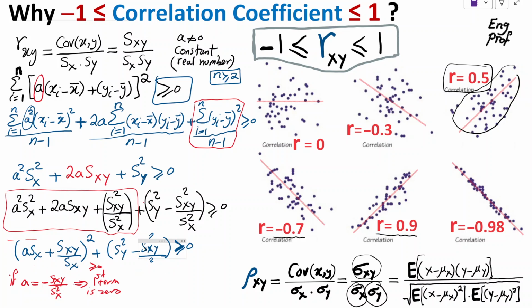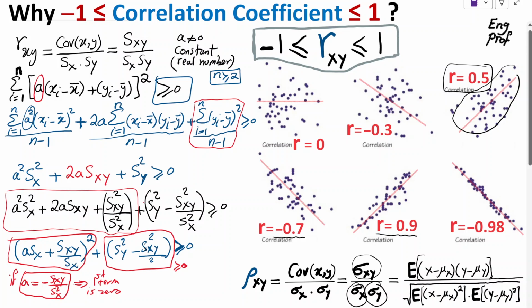As a result, the second term should also be greater than or equal to 0, including the scenario where a equals this value, which makes the first term exactly 0. Then you need to have the second term greater than or equal to 0. So we get s_y squared minus s_xy squared divided by s_x squared greater than or equal to 0, which results in exactly what we wanted.